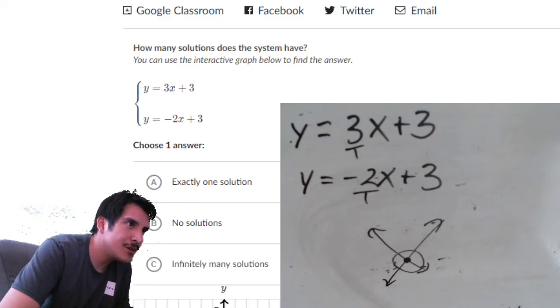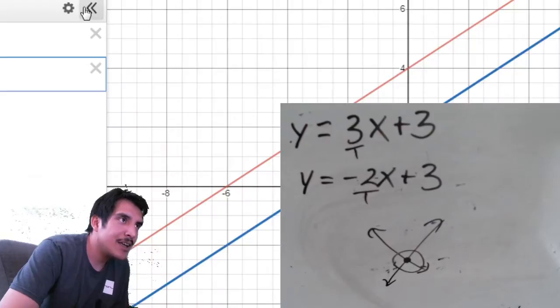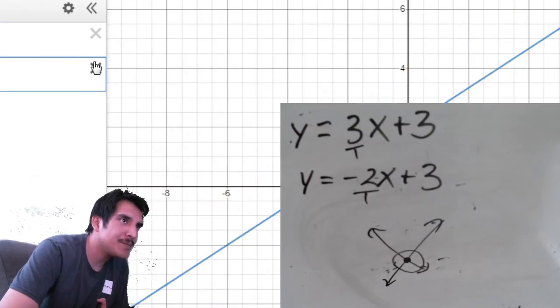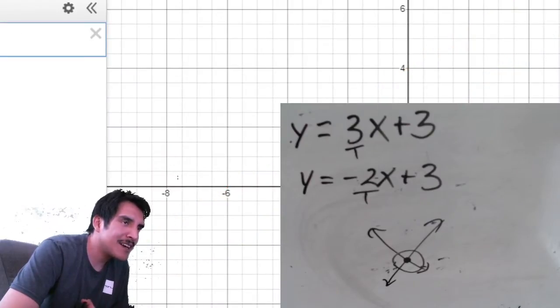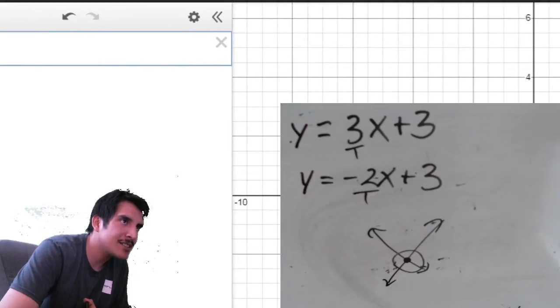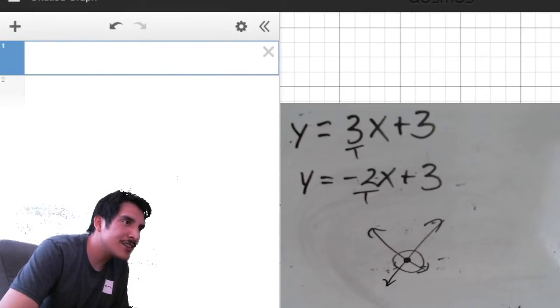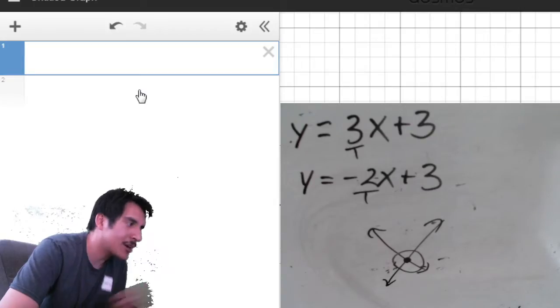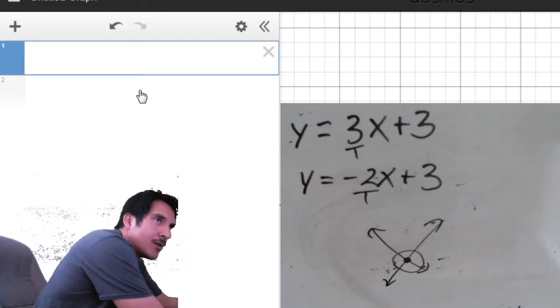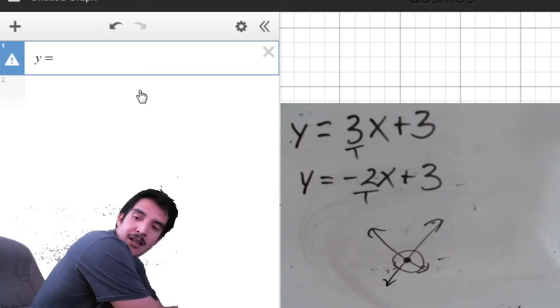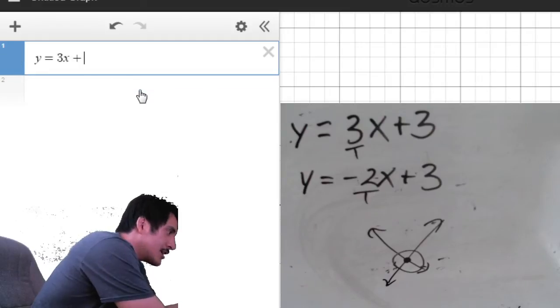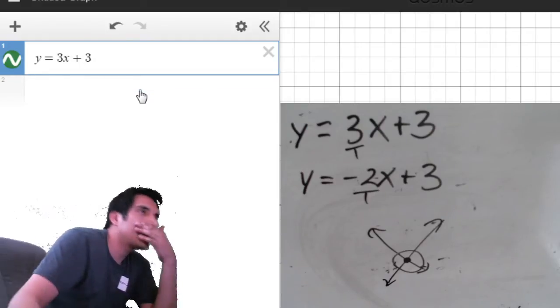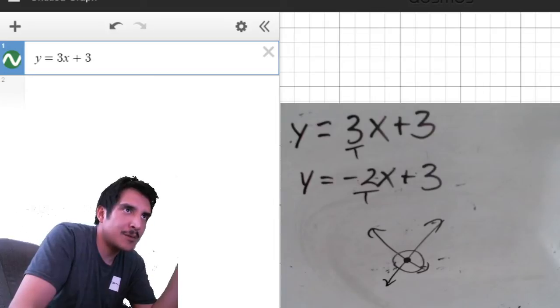So I'm going to show you, if you go on Desmos.com, you will get a graphing calculator that looks like this, and you can enter the exact equations that you are given. In this case, I'm given y equals 3x plus 3. That line begins on 3 and it goes up 3, forward 1.